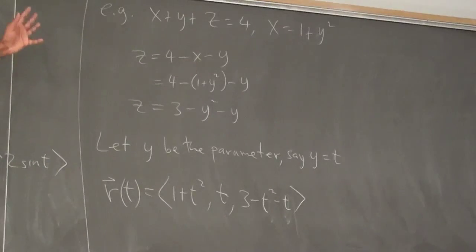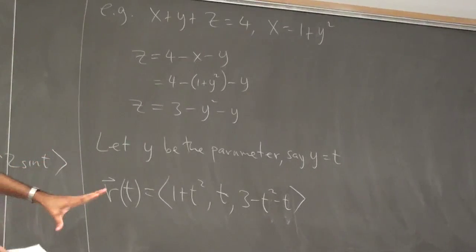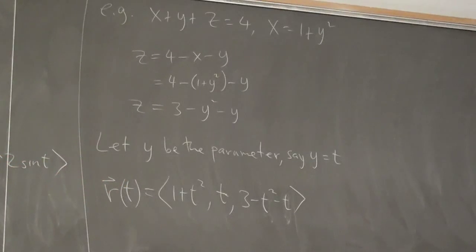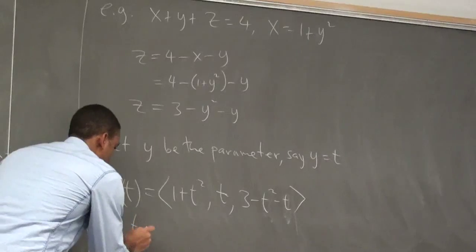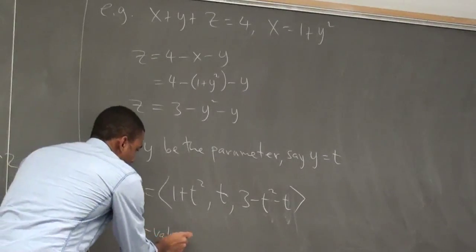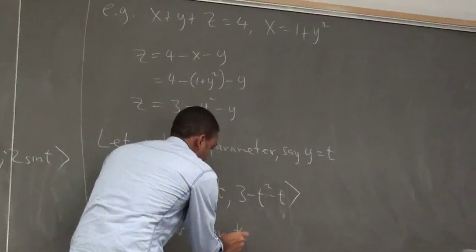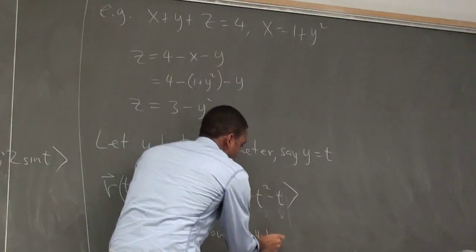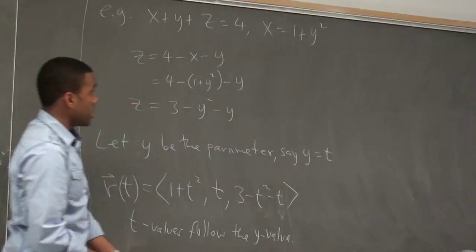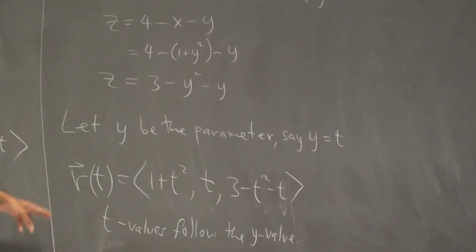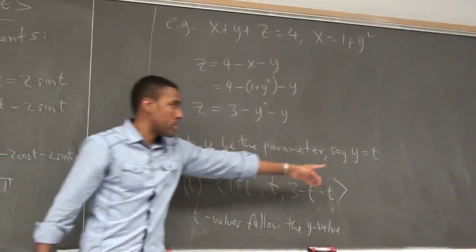So one technique is to write all variables in terms of one other variable and let that variable be the parameter. You can parametrize it in terms of y, and your t value would follow the y values, because y is t. If you're given a question, I'll tell you exactly what's going on with y, and t will have the same behavior because y is in fact t.